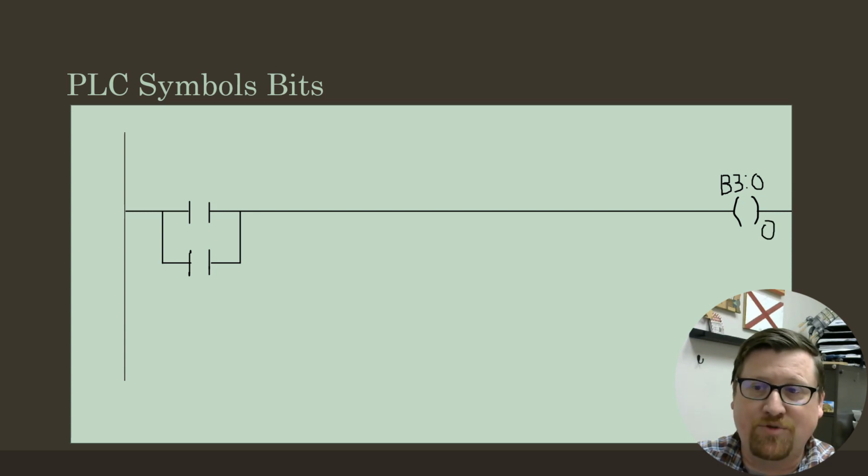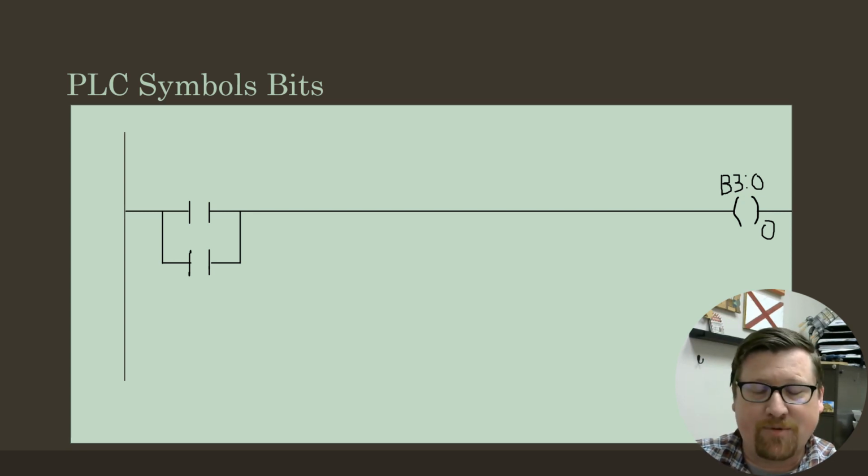B3:00, could be 02, could be 05, could be B3:5/15. It is an address that goes back into a data table inside the program. It's just an internal yes or no.